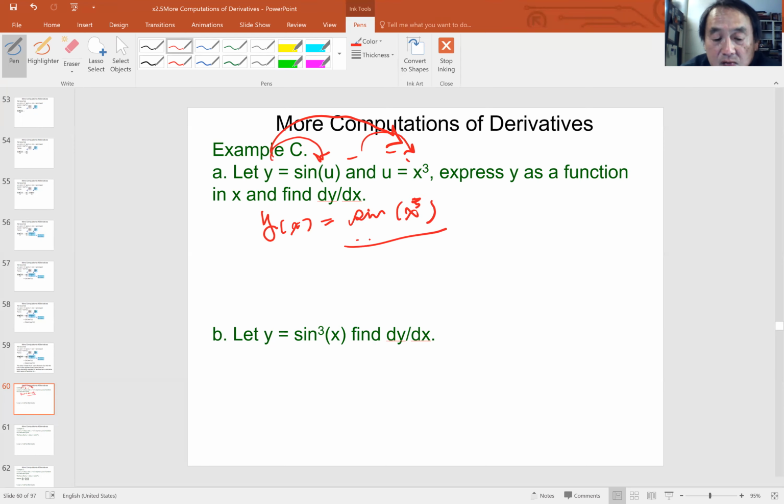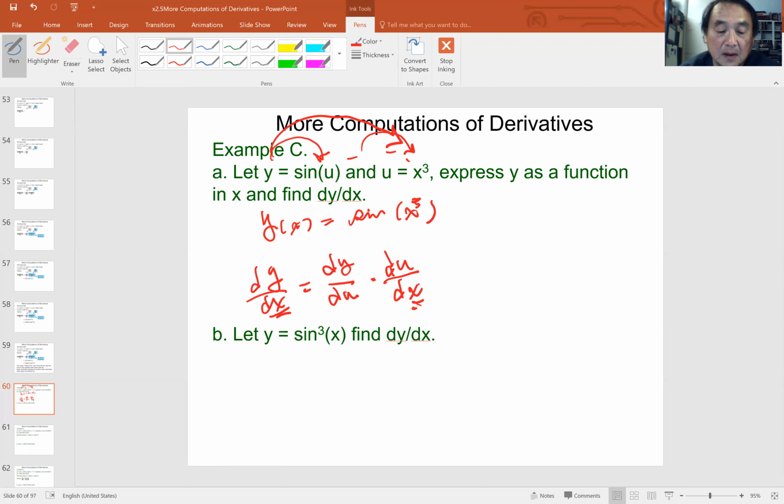And the question asks you, how do I take the derivative of these formula compositions? And so what is dy dx? Well, the answer comes from 2 parts. You just first make a stop at dy du, since y is defined in terms of u, and multiply that by what u is defined in terms of, in this case x, du dx, at which point we stop, because we're taking the derivative with respect to x.